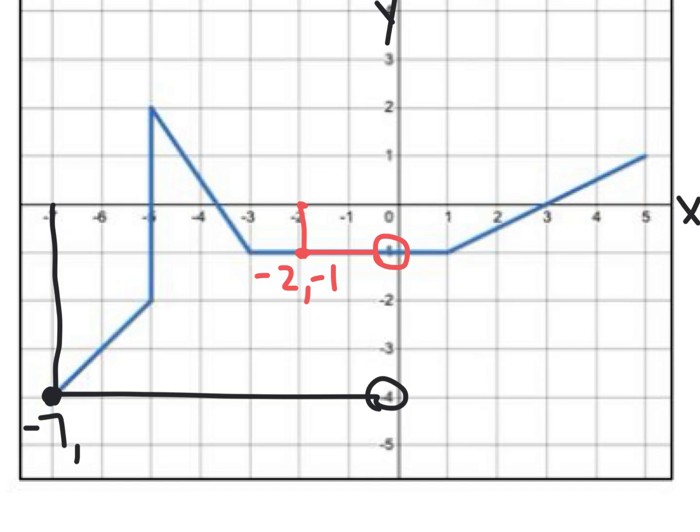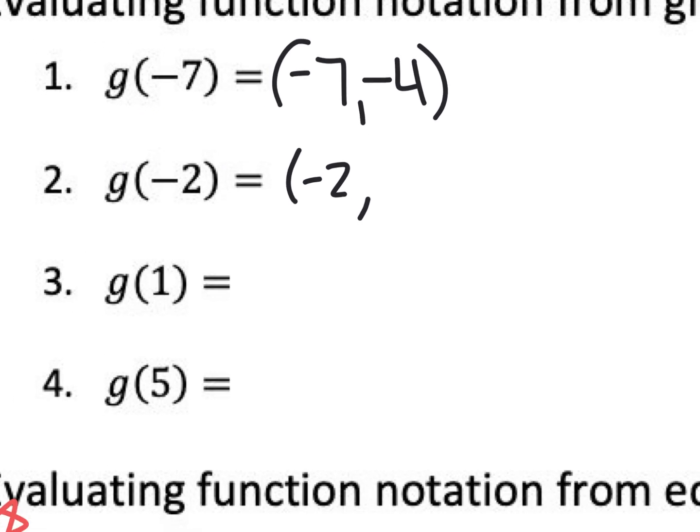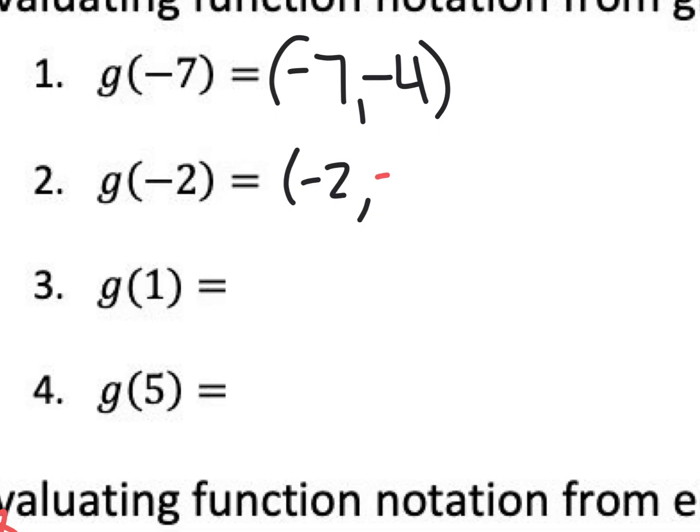All right, so I want you to try this third example. I want you to talk to your neighbor. Let's try 3 and 4 with our neighbor, and then we're going to come back. What does it mean? G of 1. X is what? The x is 1. So in our coordinate, x is 1. And when you went to your graph, what was the y when x was 1? -1. Good job.